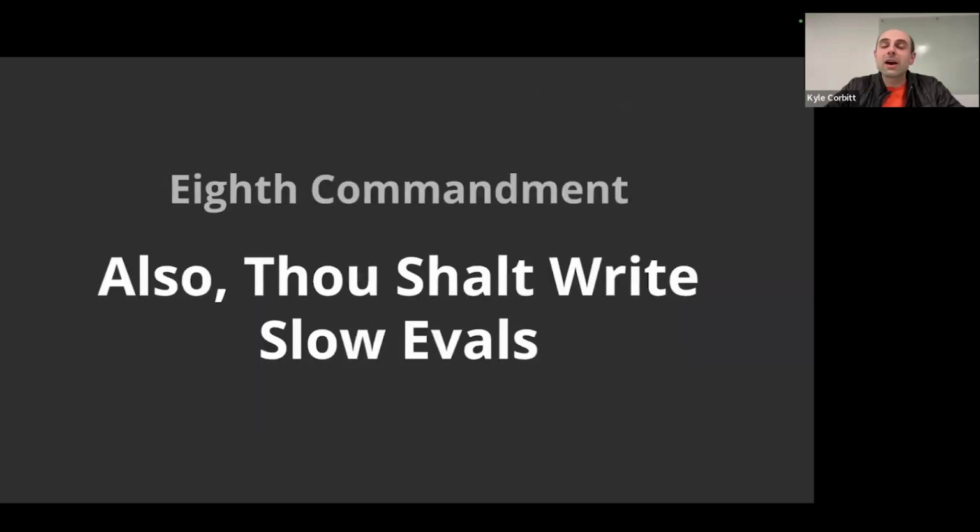Now, the other kind of evaluation, which is also super important, is outer loop evaluations, slow evaluations, production evaluations, whatever you want to call them. This is the one that actually measures the final result you care about. If you're writing a customer support chatbot, it's: what percentage of customers came out feeling like their problem was resolved?